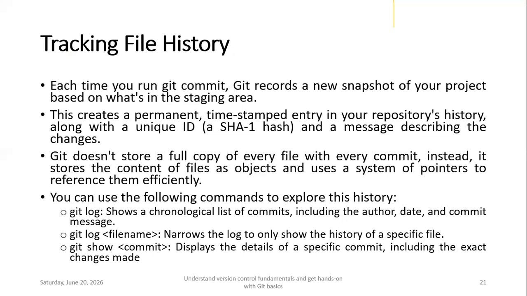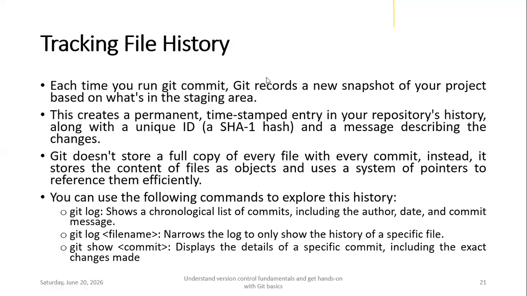Well, we also have commands to track history. Because every time you run a git commit, Git records a new snapshot. It's like taking a picture. That is a snapshot, and that snapshot is saved as history.